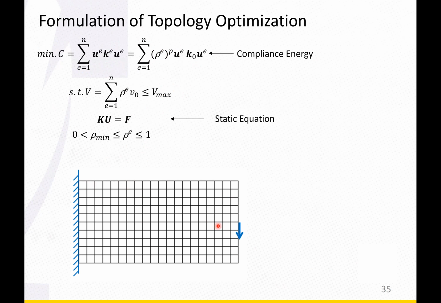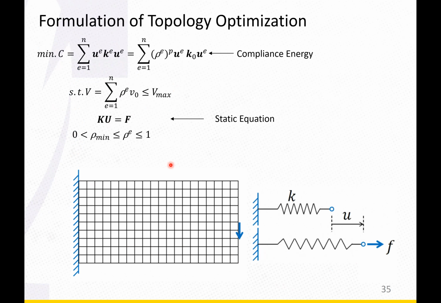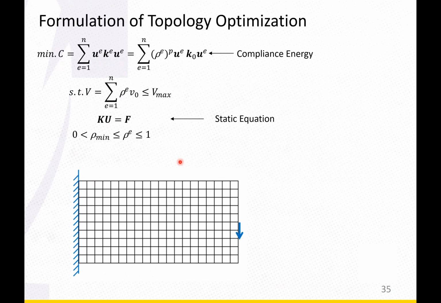And of course, because we set rho as a continuous variable, that means you could have some values at a certain grid to be like 0.005 or 0.3 or something like this. So to have a clear shape like this, we need to set up a threshold. Let's say if the density is less than 0.0001, then we just consider it as a hollowed grid.